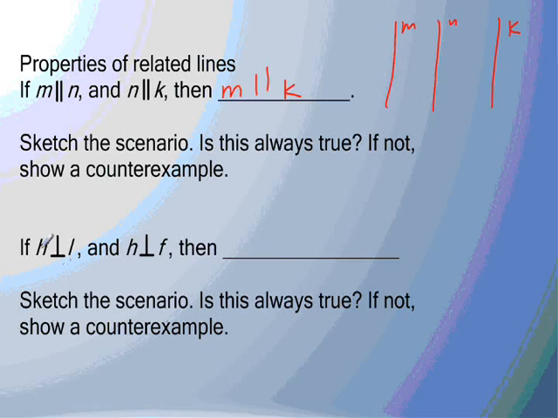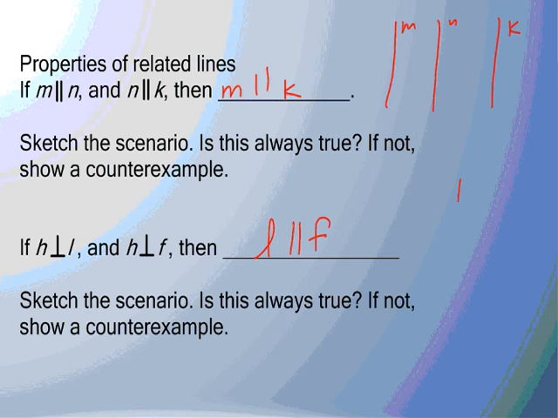All right, let's talk about perpendicular lines. So I've got H is perpendicular to L and H is perpendicular to F. So what do you think is true? Well, if you told me that L is parallel to F, I can understand why you said that.